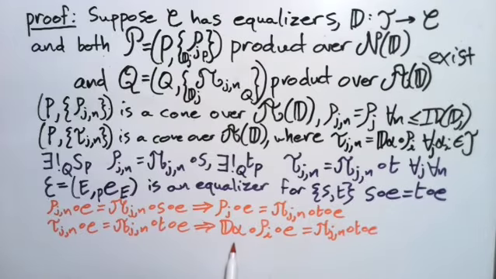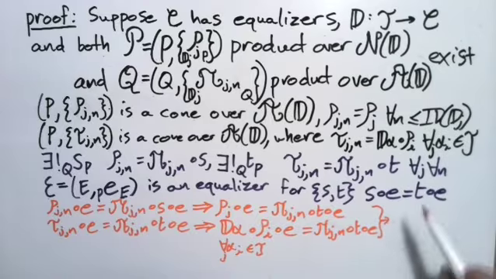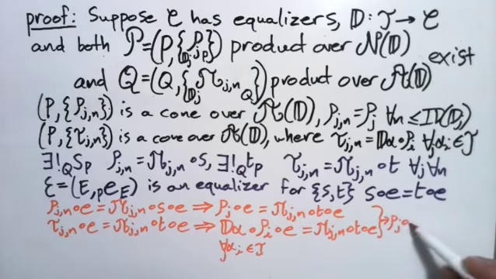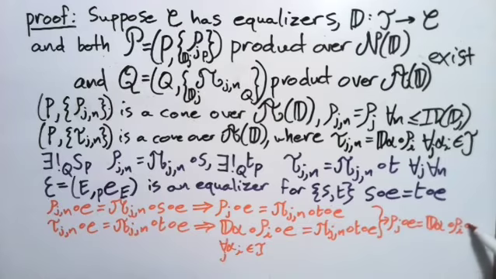And this is, again, for all alpha from i to j in our category J, right? For any alpha, we're iterating over all the alphas in J, all the morphisms in J. And if that's the case, well, look, this is the same side on both equations. So we can say that these two sides are equal. So we get that rho j after e is equal to D alpha after rho i after e.